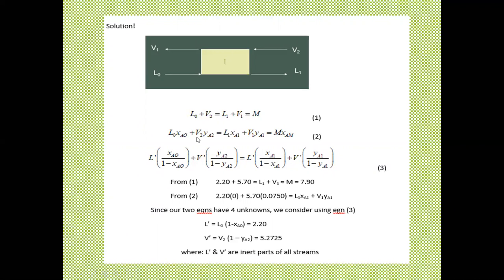If we go to equation 2 and again substitute what we have, 2.2, and for the XA0, we have none because our solvent is pure water, so it's 0 in this case.